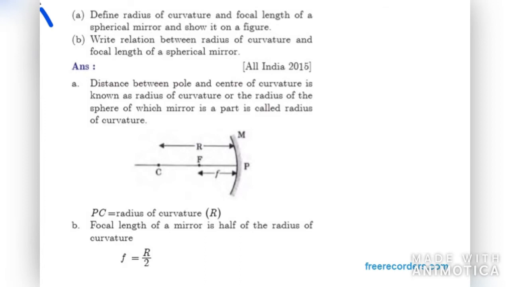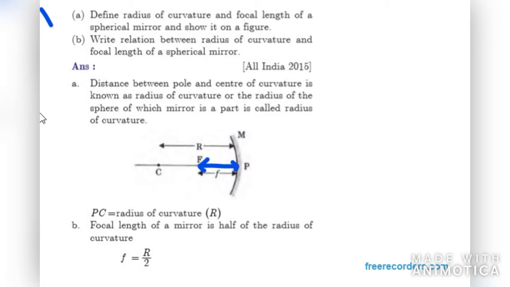Focal length is the distance between the pole and the focal point, and half of the radius of curvature is also known as focal length. So as you can see, it is the focal point and it is from the pole, and the radius is actually twice of f.